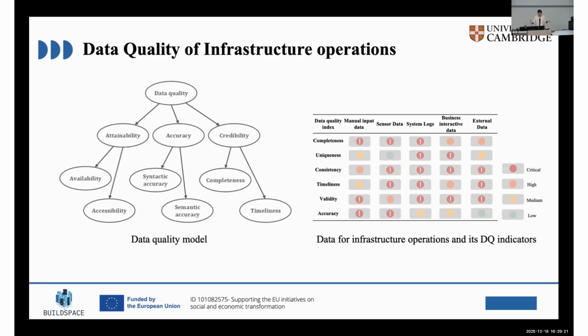Every manual input data we have the same way, which is people write something about it. So I have 5 categories: manual input data, sensor data, system logs, business interactive data, and external data. And for each type of data, we have different data quality metrics.